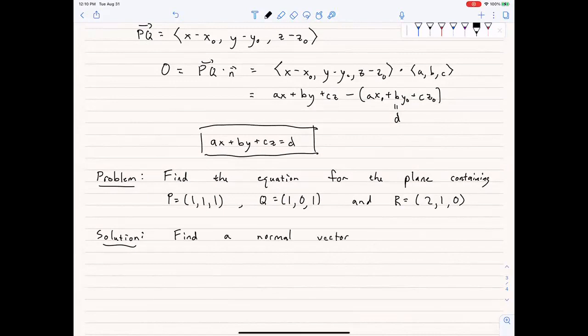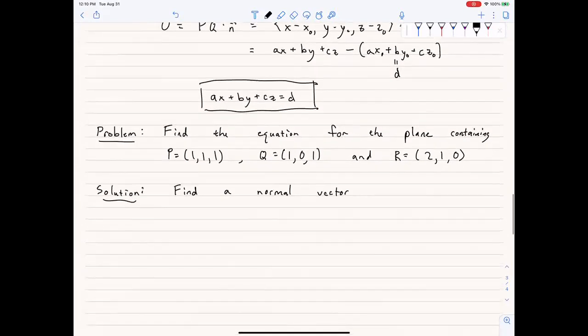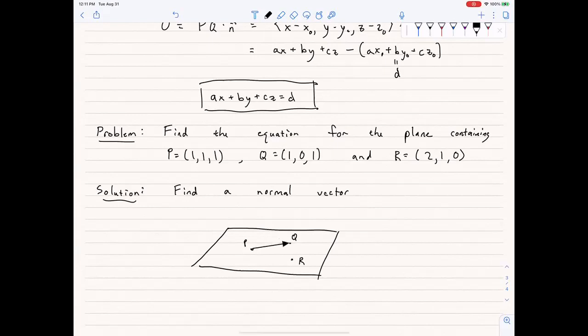Well, we remember that a normal vector is perpendicular to the plane, orthogonal to all vectors that are displacement vectors on that plane. I can find a couple of displacement vectors on my plane. I've got 3 points, P, Q, and R, so I can find a couple of displacement vectors.